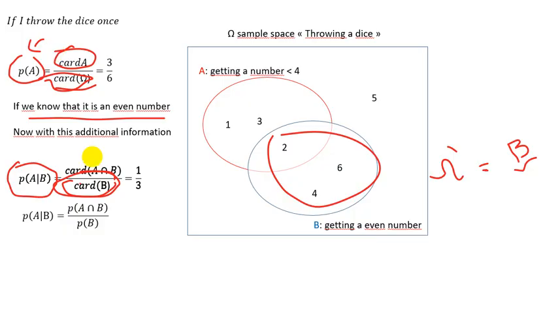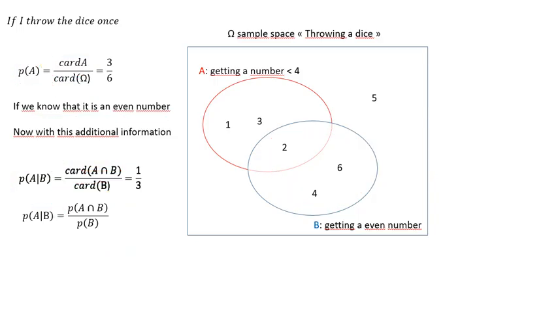So we replace it by cardinal of A inter B. So the probability of A given B is the probability of the intersection divided by the probability of the known event.